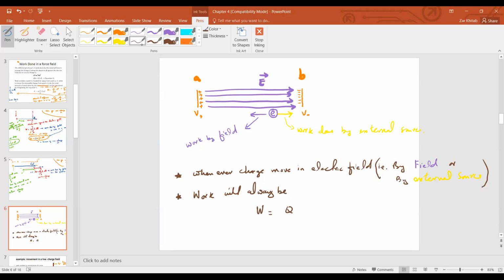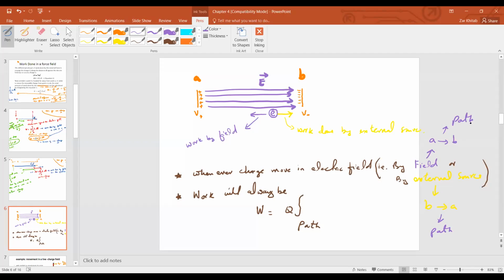So generally I would put the path here. If I consider the yellow work is from B to A, and the purple work is from A to B, so this is the path, this is also the path of integration. This is a very general thing.